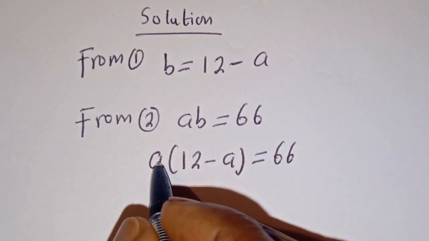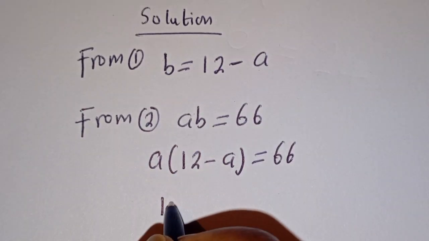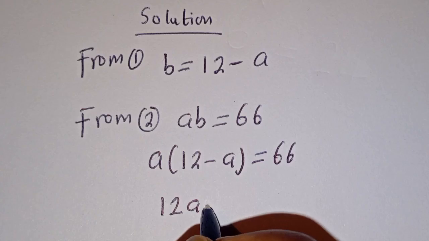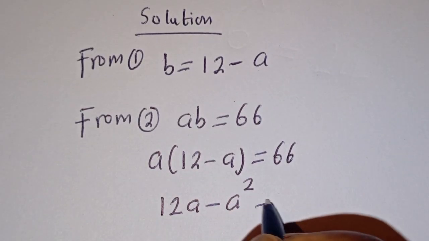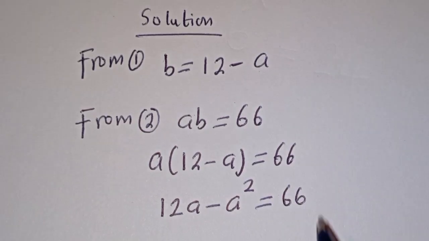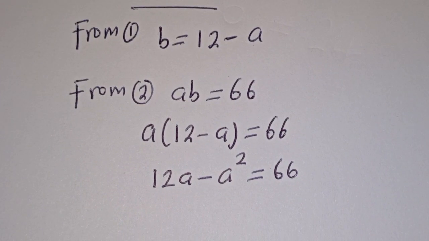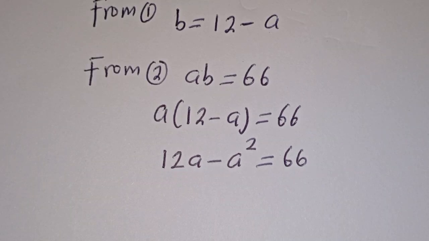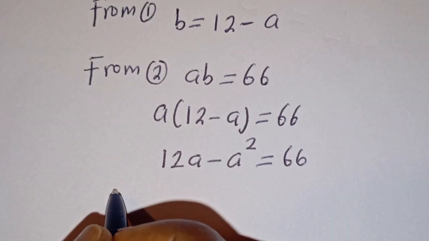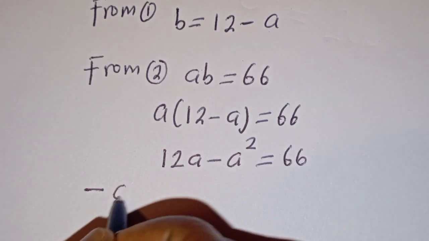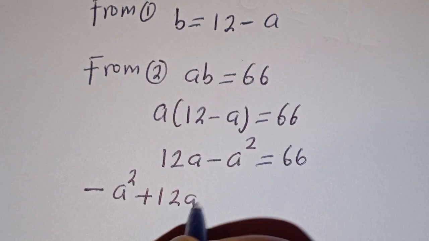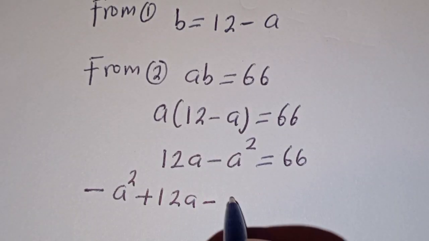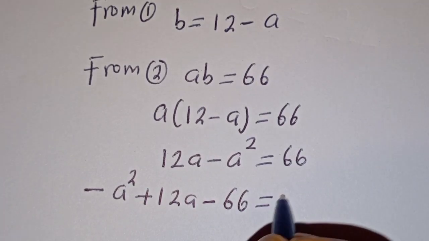Let's open the bracket. a multiplied by 12, this is 12a, minus a multiplied by a, this is a square, is equal to 66. Then let's rearrange this. We have minus a square plus 12a minus 66 is equal to 0.